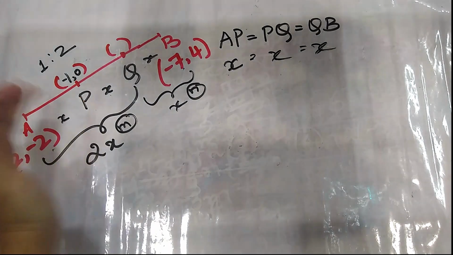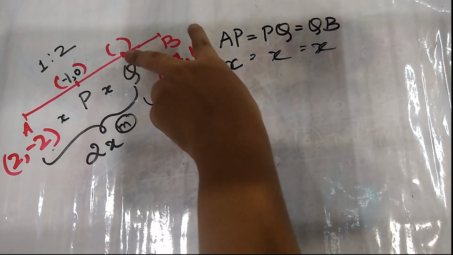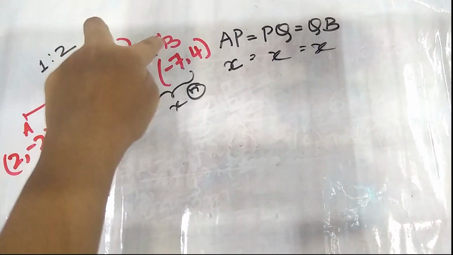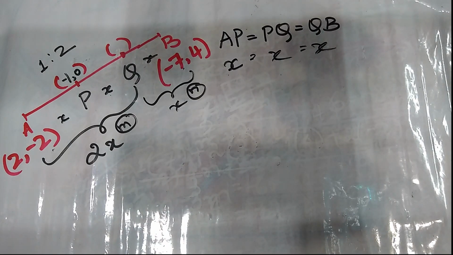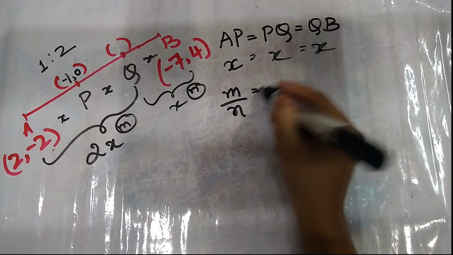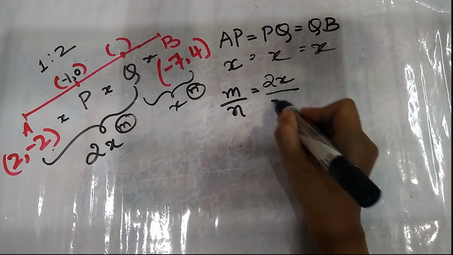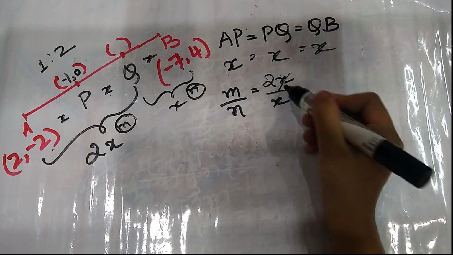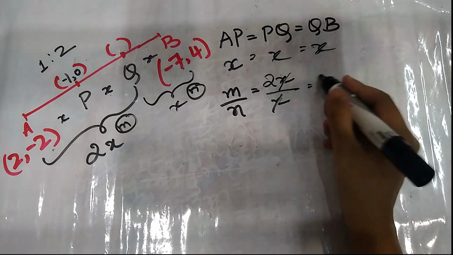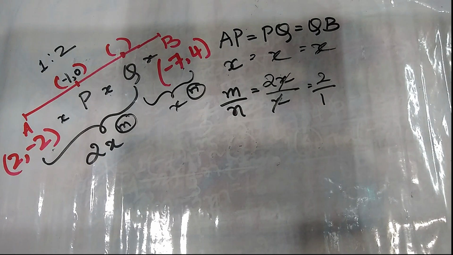So remember this: from A, the ratio that we are taking is m, and for this B part, whatever ratio we are taking, that is always n. So the m by n that we get here is 2x divided by x. Now the x and x get cancelled. So what is the ratio that you get? 2 is to 1. Previously for point P we got 1 is to 2, but in the case of Q it is 2 is to 1.